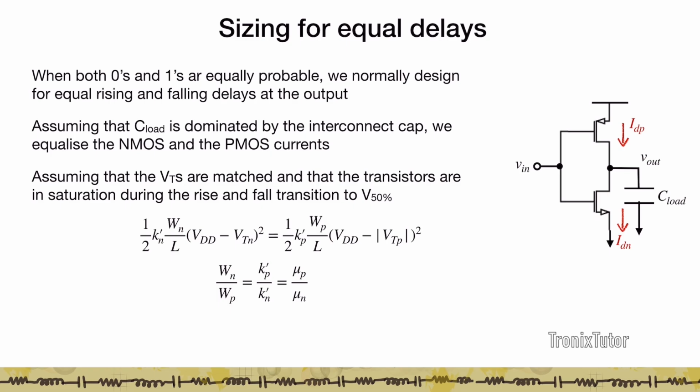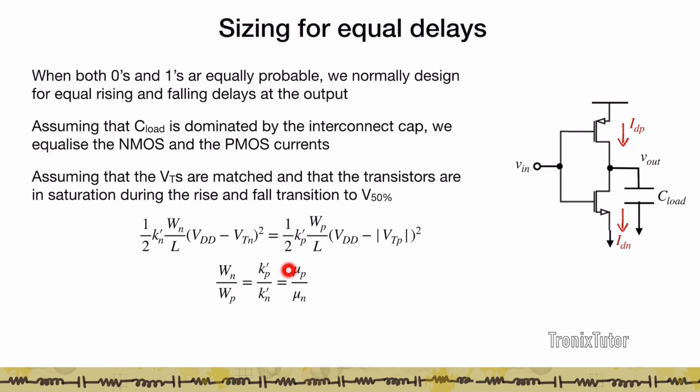Now again, a note to keep in mind is this mobility ratio changes as a function of technology. What I've been quoting, 2:1, is typically used in many textbooks and typically references technology in the long channel generations of a few microns. Over the years, the ratio has changed, and if you look at some of the recent NMOS PMOS ratios, they are pretty close to 1.